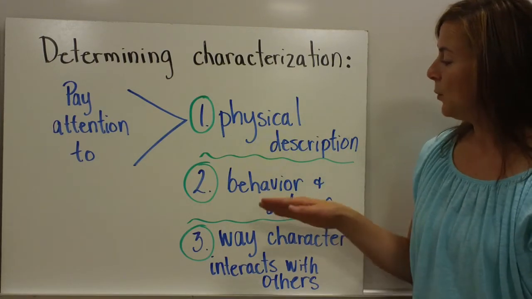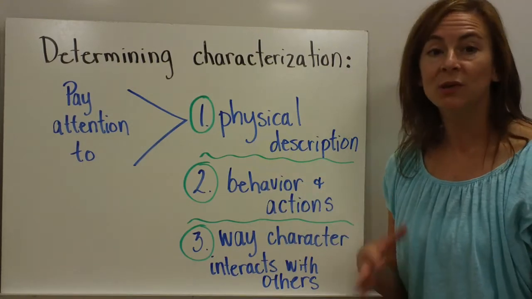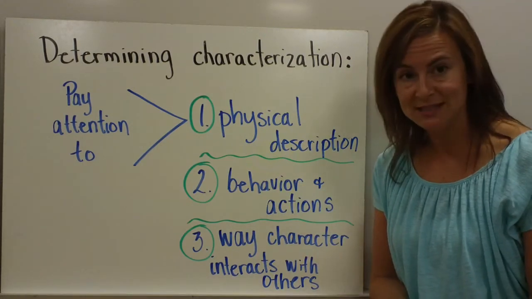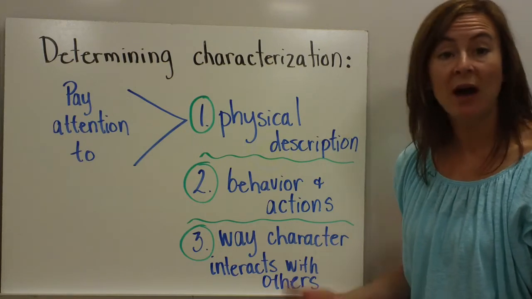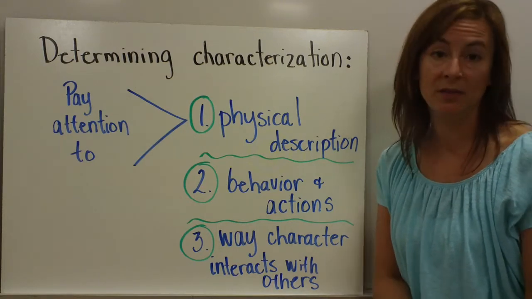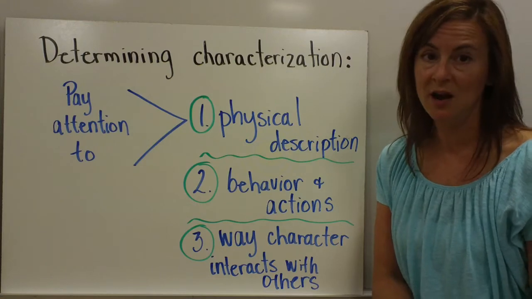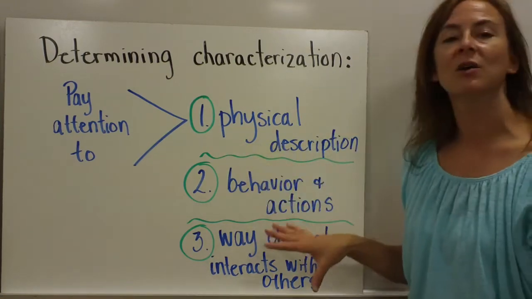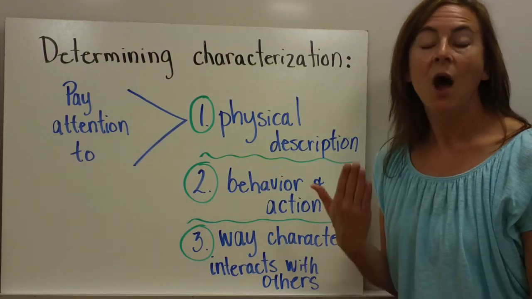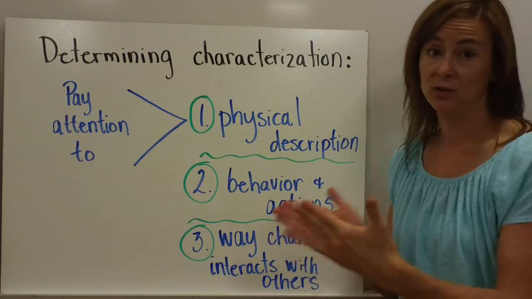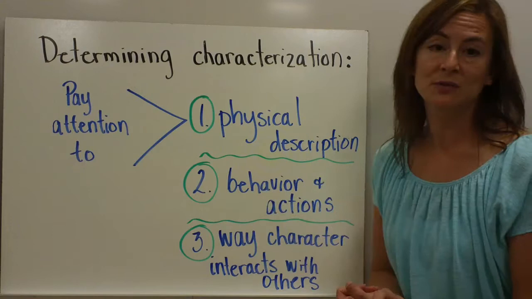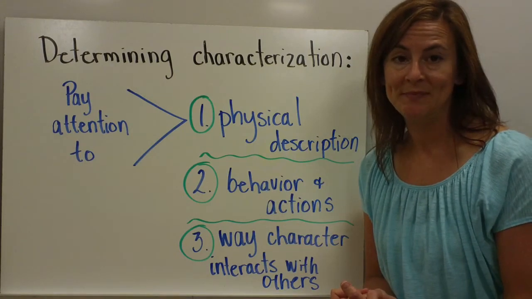The second thing we're going to be looking for is behaviors and actions of the character throughout the story. And last, we're going to be paying attention to how that character interacts with other characters in the story. All of these things are going to help us determine what we know about the character and how we can categorize that character using our terminology.